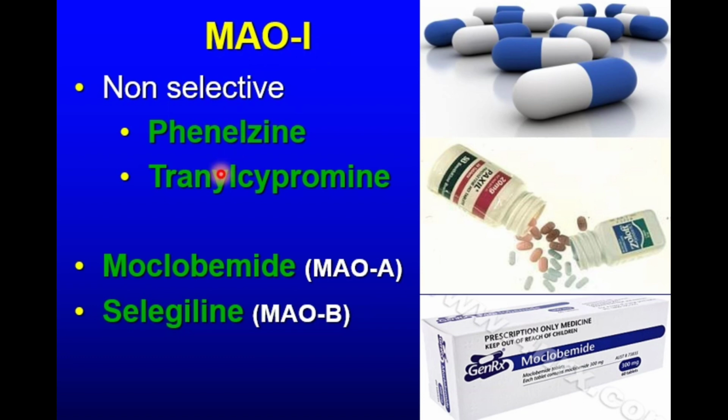Phenelzine is a non-competitive inhibitor of monoamine oxidase, while tranylcypromine is a competitive inhibitor. Monoamine oxidase inhibitors have a place in the treatment of depression but are of limited usefulness because of their drug interactions.